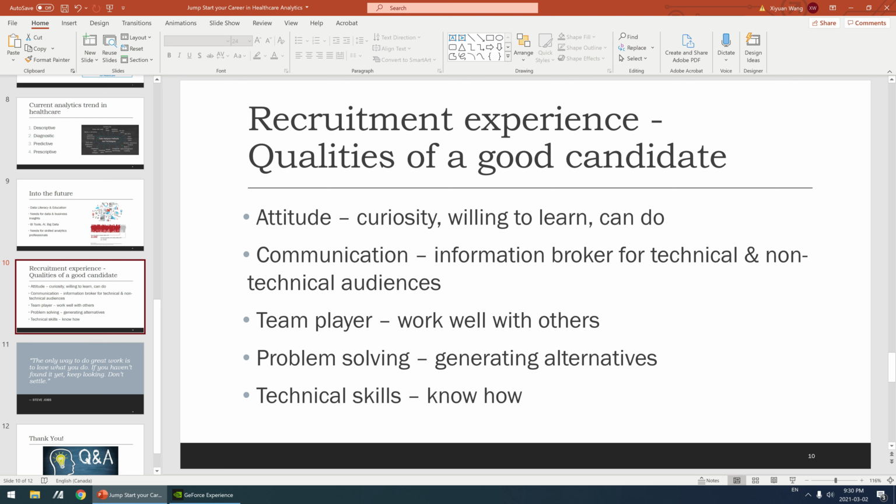But for soft skills, they're harder to come by, especially with the right attitude. You want that person to be able to always ask the right questions, being curious, and then think about what to do next, focusing on the key objective of the day, and communication and being a team player. So these are the good qualities of a very good candidate.